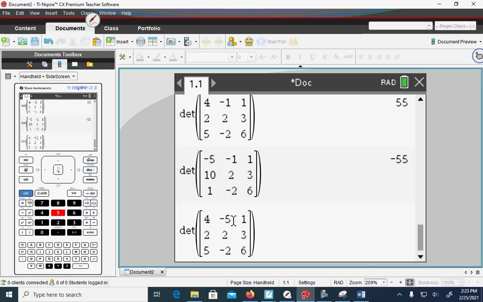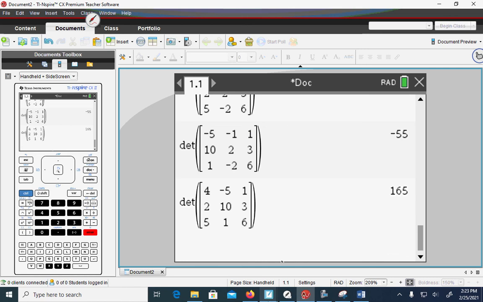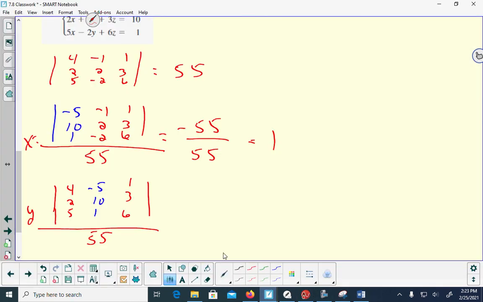This is -5, this is 10, and this is 1. Hit enter and I get 165. So now I'm going to take 165 and divide that by 55, and I believe that's 3. And I'm going to get 3.